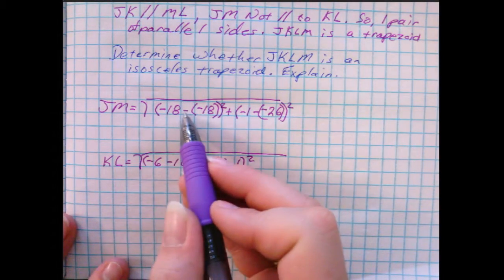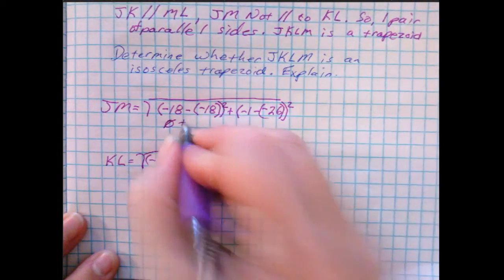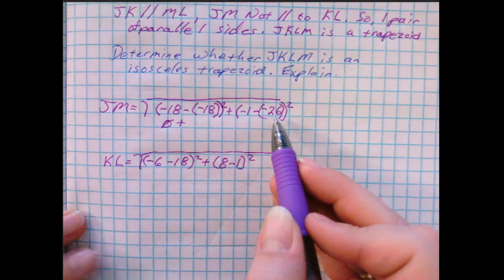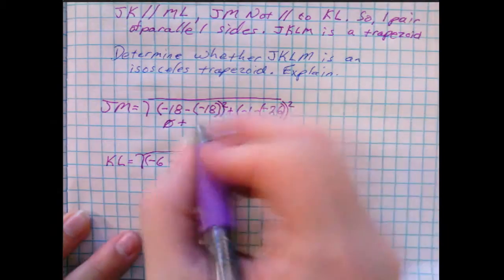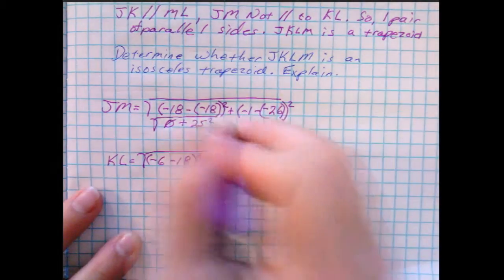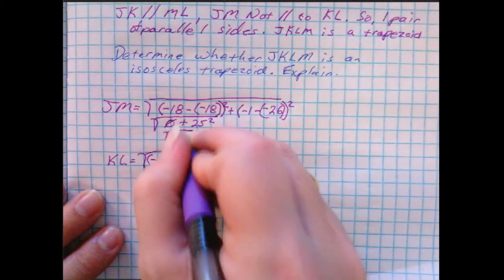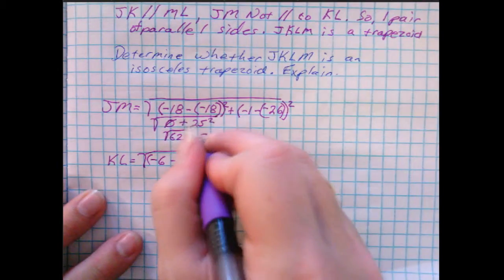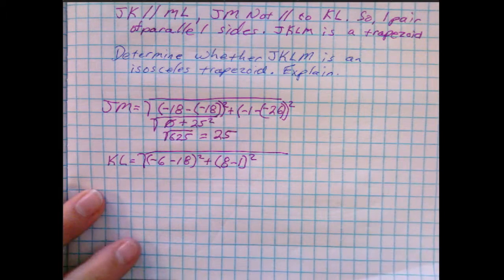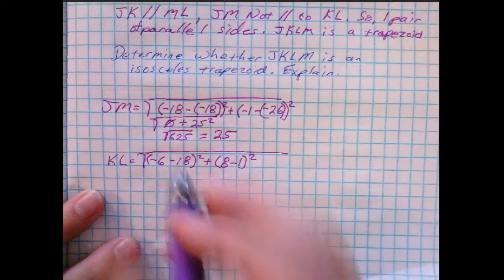So negative 18 minus negative 18 gives us 0, plus negative 1 minus negative 26 gives us 25, and that is squared. So we end up with the square root of 625, which equals 25.